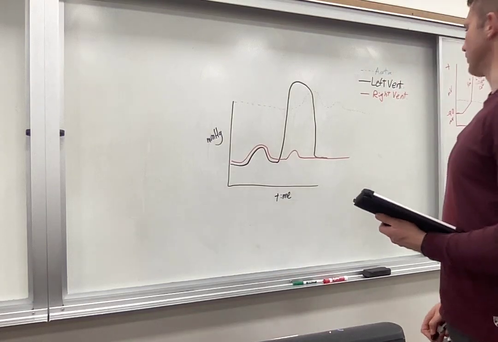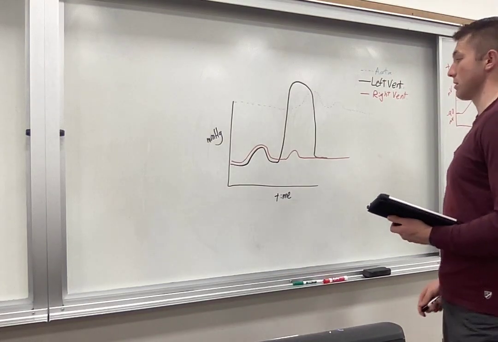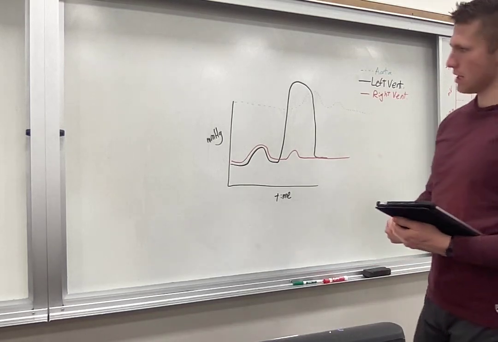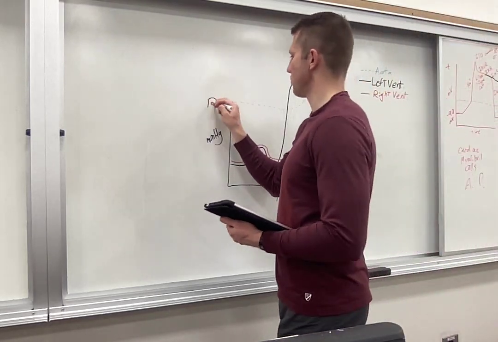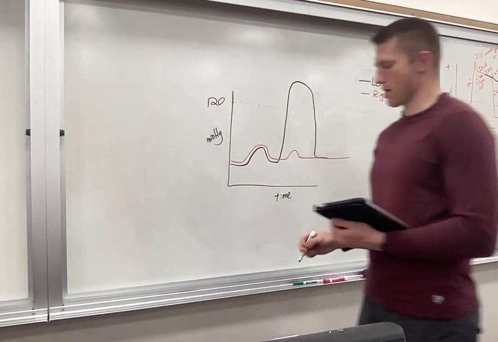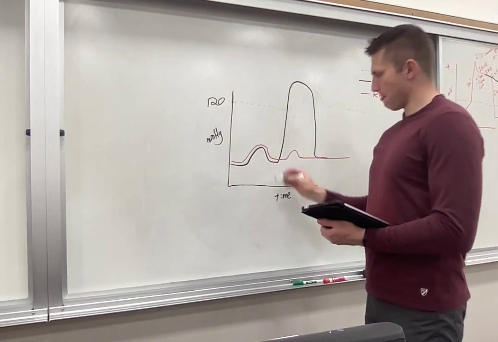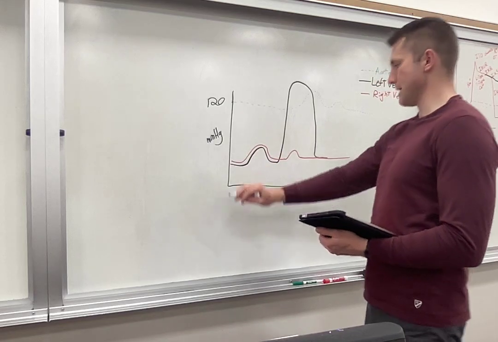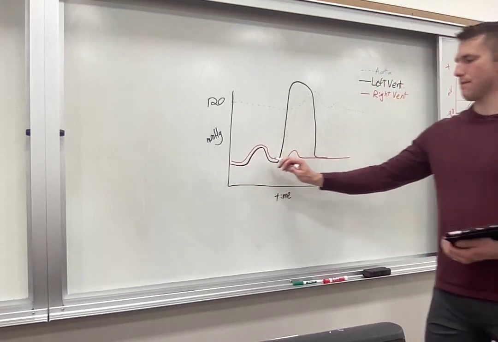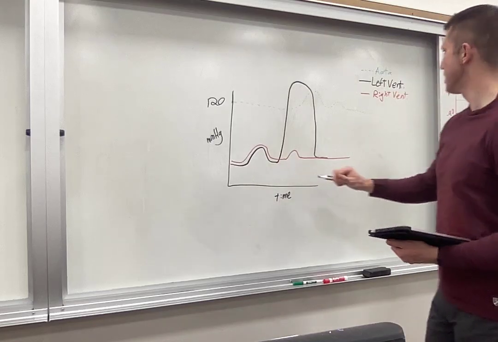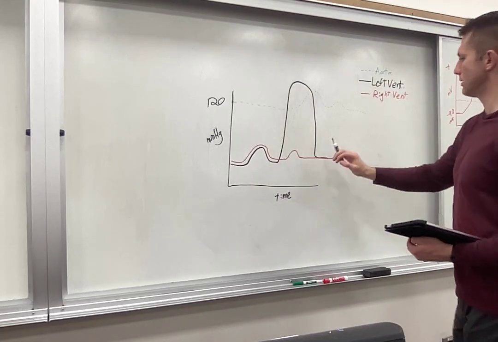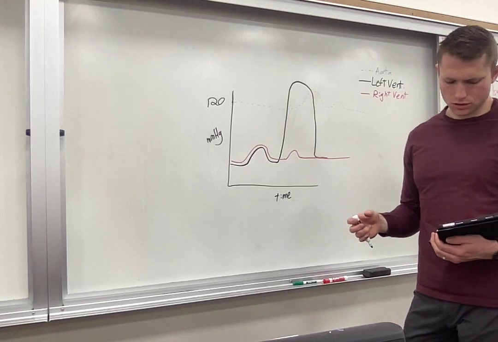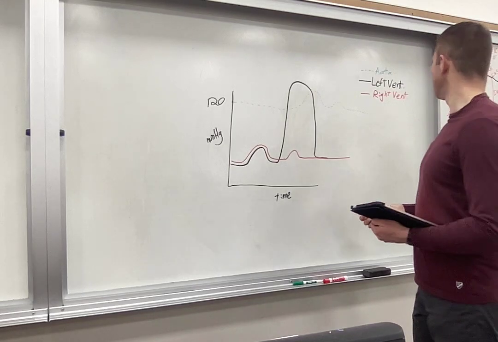Red is our right ventricle. Black is our left ventricle. The aorta is represented by this. This is about 120 millimeters of mercury right there. And this pressure occurs in this right ventricle, left atrium.